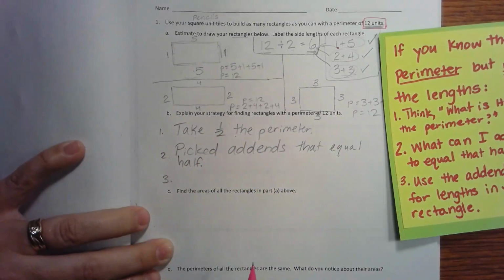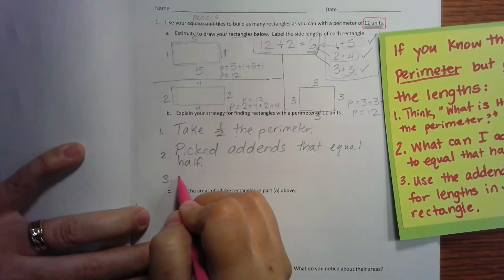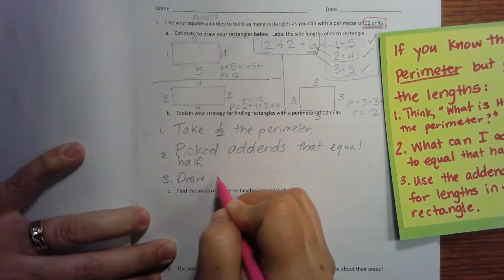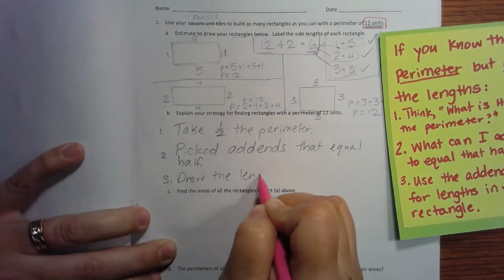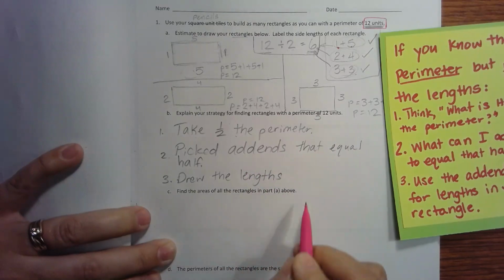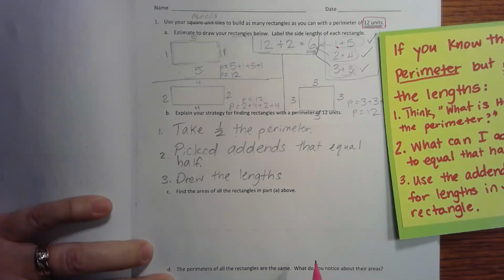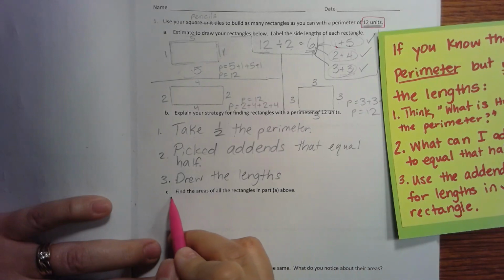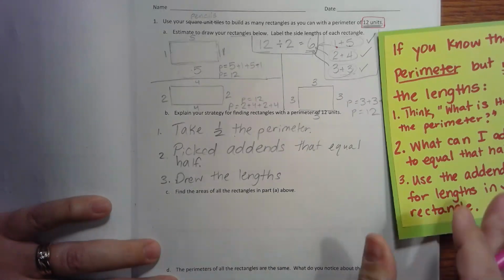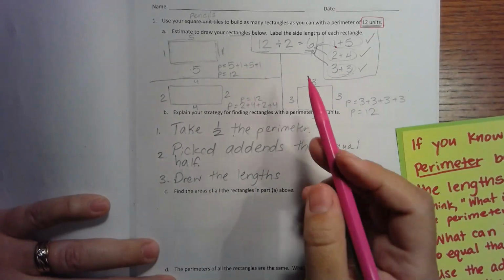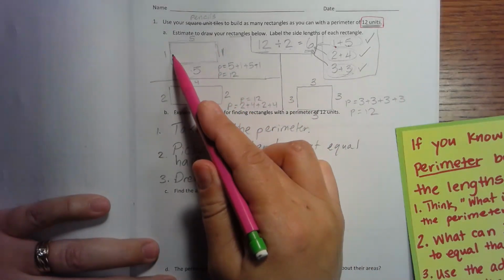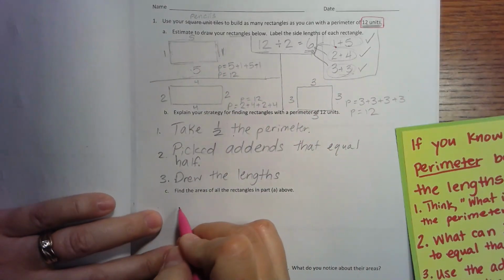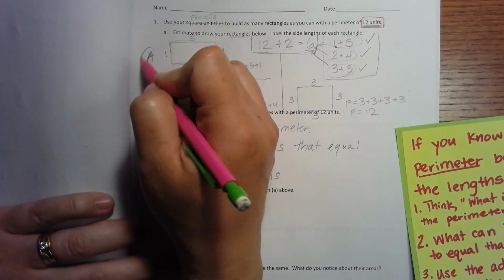And then thirdly, I drew the lengths from the addition facts. Okay, so letter C says find the areas of all the rectangles above. For the first one, I had one group of 5. Should I give these a letter up here?